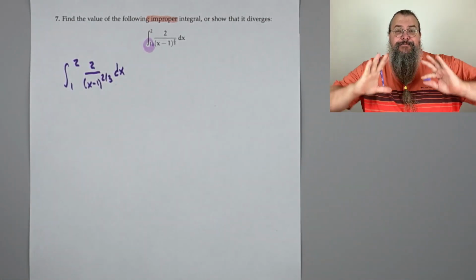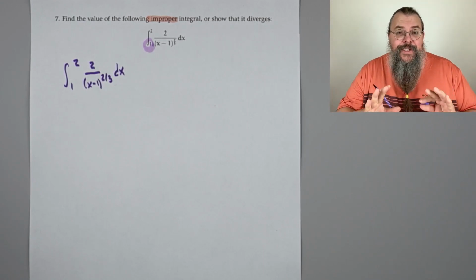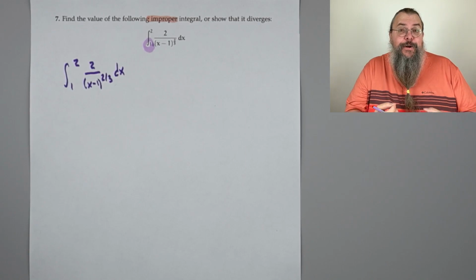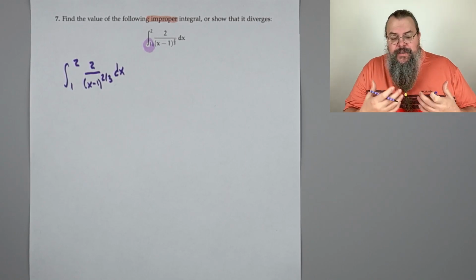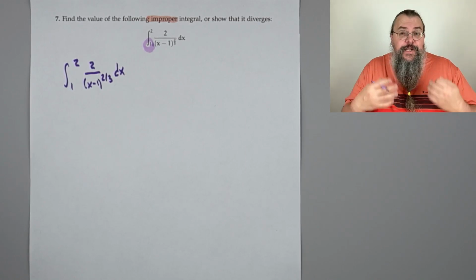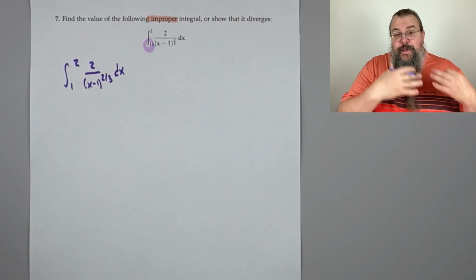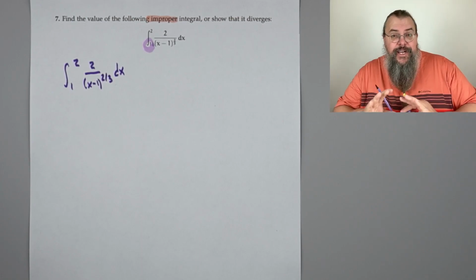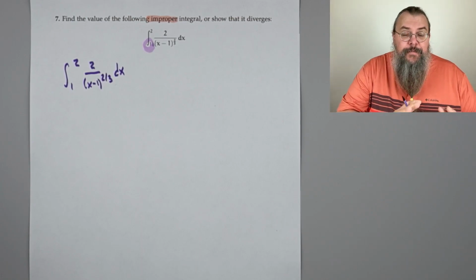But because it's a test, we know that they're going to be very particular about how we do this. So when we see improper integrals, they really want to make sure we do it with limits. Oftentimes we skip that in practice, but on a test, we want to make sure we know what we're doing.